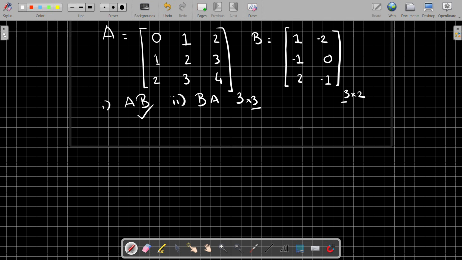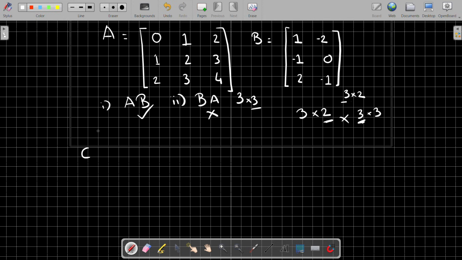Now we multiply in the opposite order, 3 by 2 and 3 by 3. Now you see the number of columns 2 does not match the number of rows. So B into A is not possible. So now let's start finding out the value of A into B.